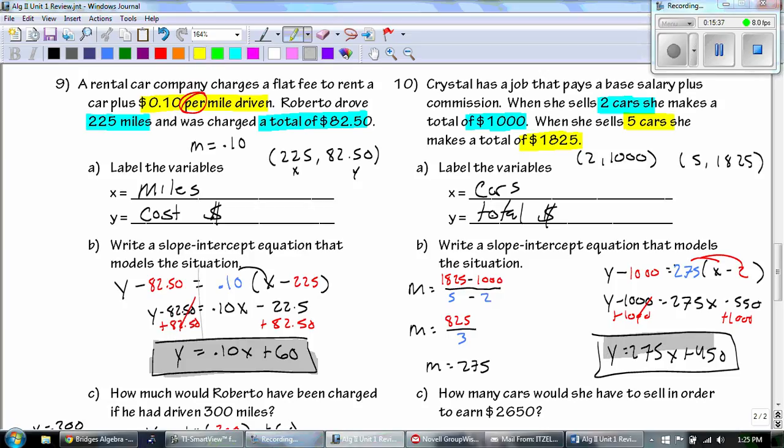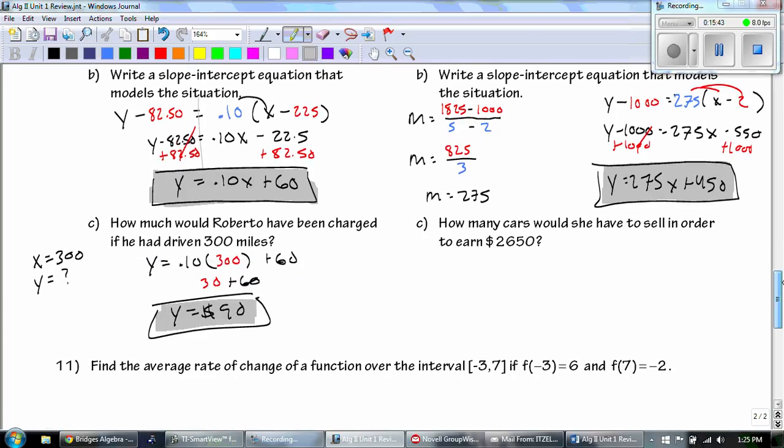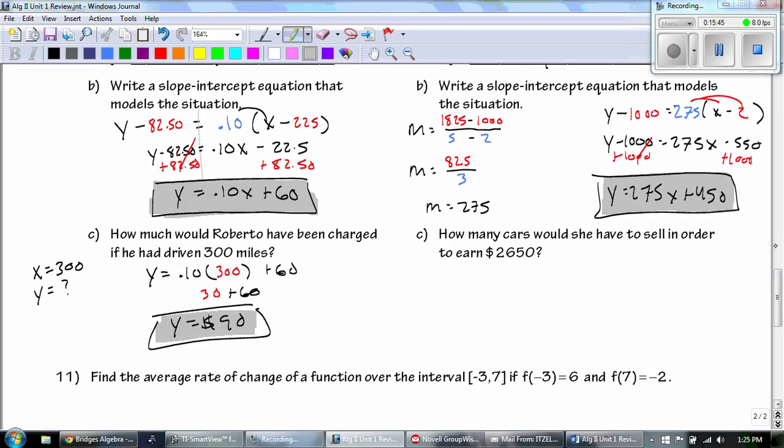Okay, and you should have gotten y equals 275x plus 450. All right, C. How many cars would she have to sell in order to earn $2,650? Well, we don't know the x, but we know that y is 2,650. So I'm going to take that, and then I need to solve.